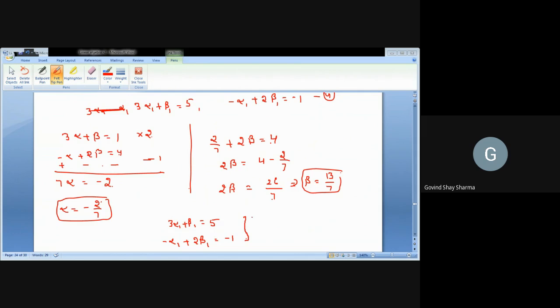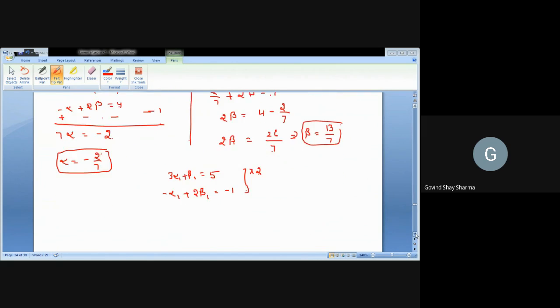So multiply by 2 and then add: 6 alpha 1 plus alpha 1, 7 alpha 1.